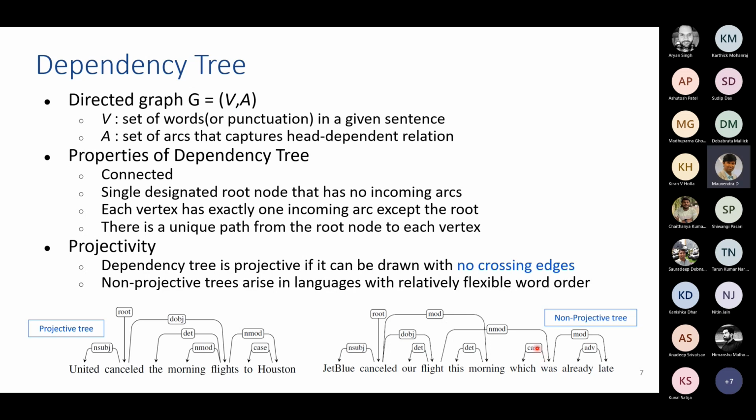Then one level down, you'll have which. On the other side, one level down, you have late and then already. So in some sense, this entire part which is actually describing the flight will be a subtree rooted at was. And that one, the label is nmod. Okay, sir.